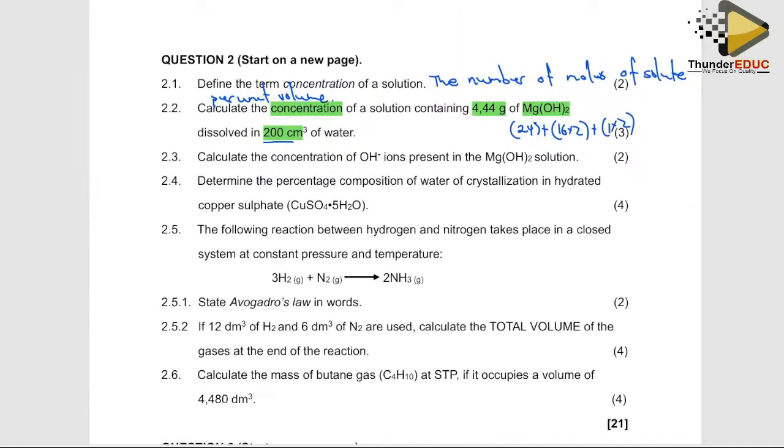Then we proceed to question 2.3. Calculate the concentration of the hydroxide ions present in the magnesium hydroxide solution. So we are asked to calculate the concentration of OH, right?